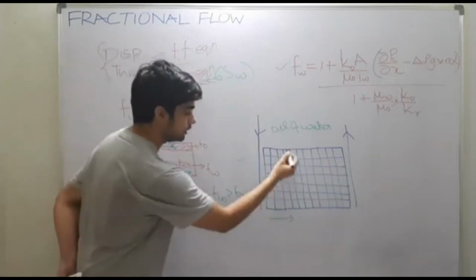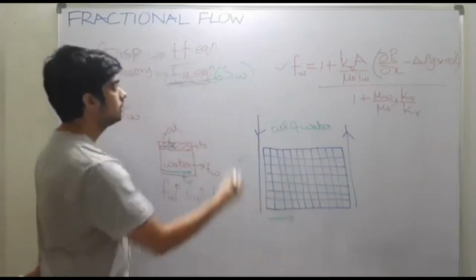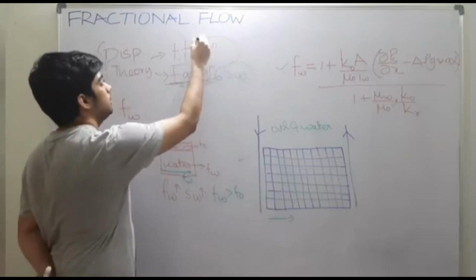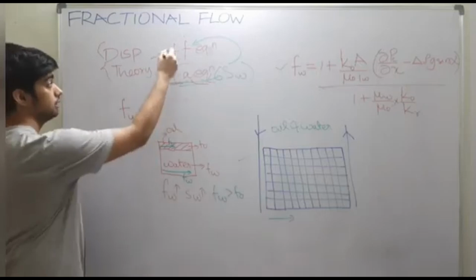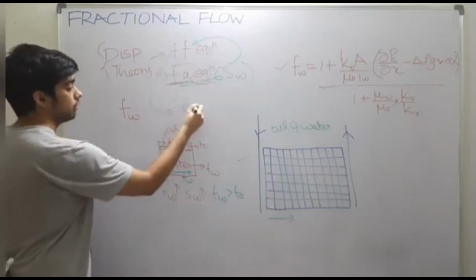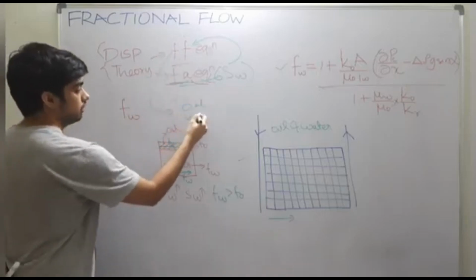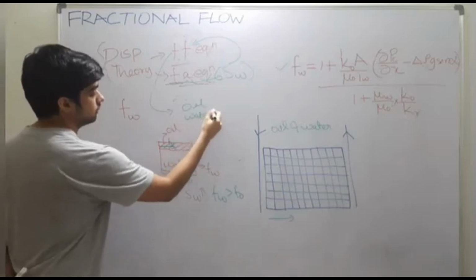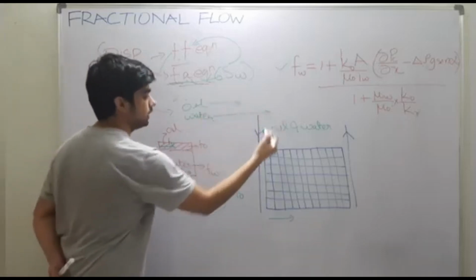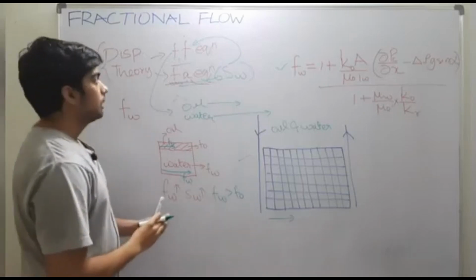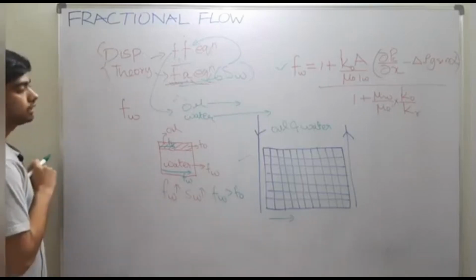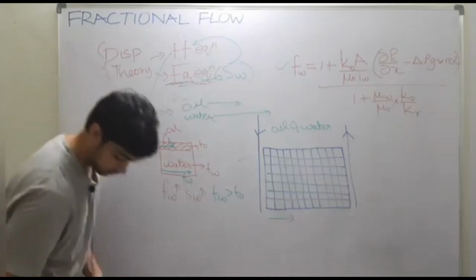Once we are able to tell the saturation, we will be able to obtain the fractional flow at each and every point, and hence the relative movement of oil and water at each point. So I hope now you are clear with fractional flow.